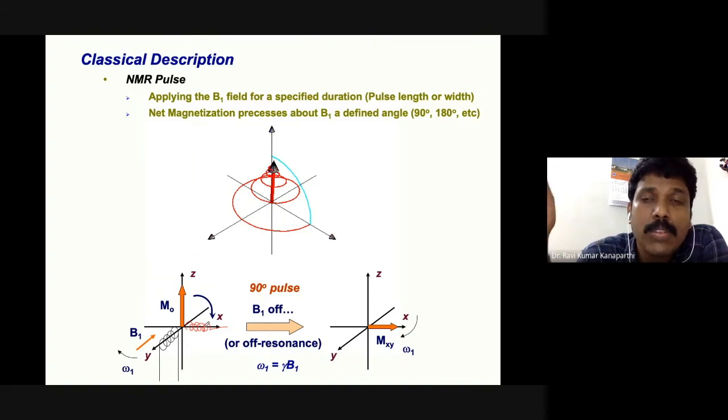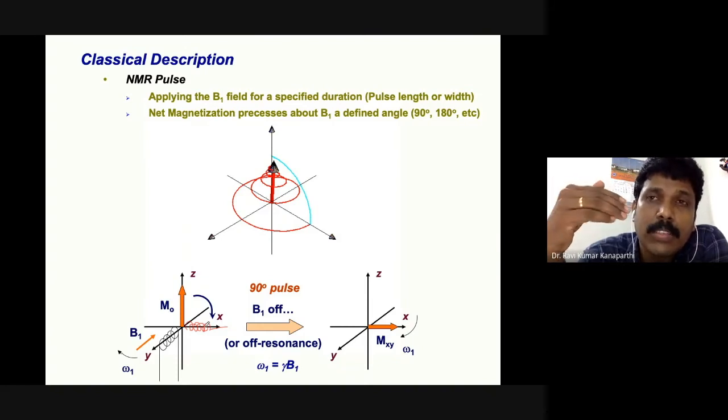Vice versa is also possible. If you have a magnetic field which is oscillating or changing with respect to time, then you will see a current generated in the coil kept very nearby, right? That is exactly what happens in NMR signal detection.